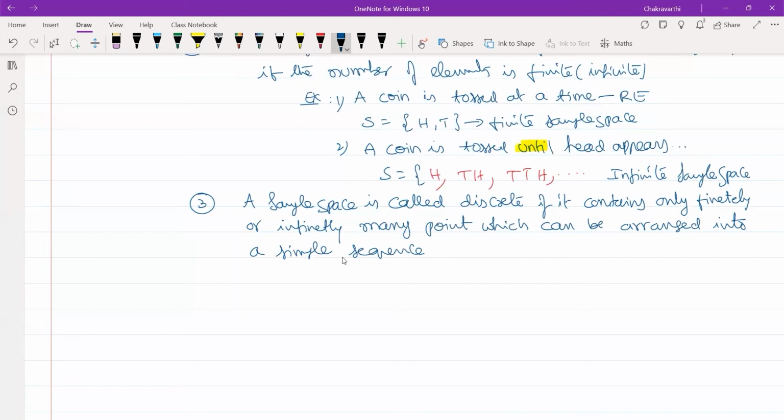Remember this point. Simple sequence x1, x2, x3, and so on.